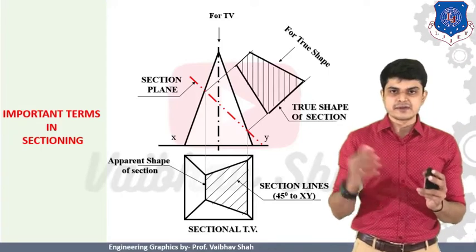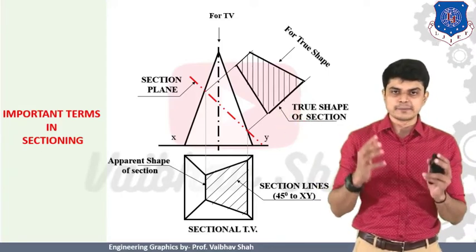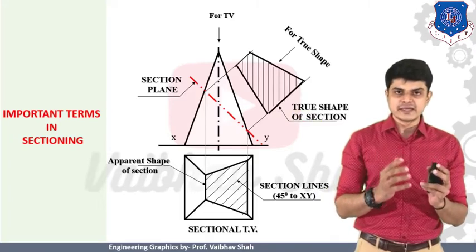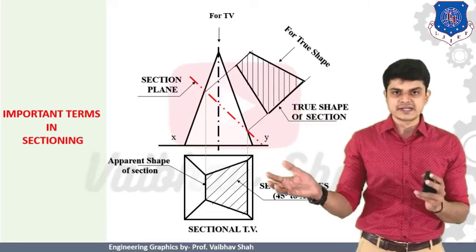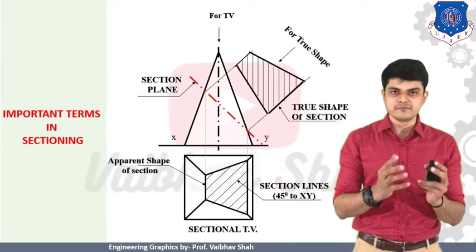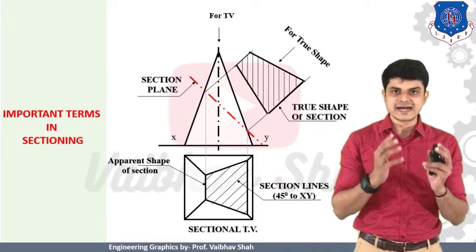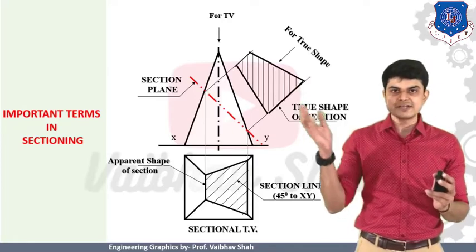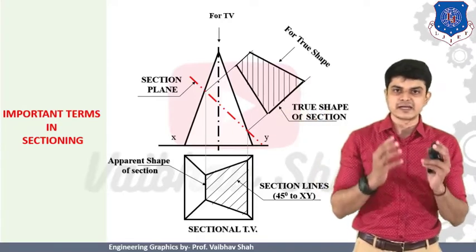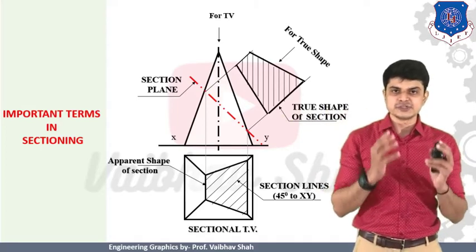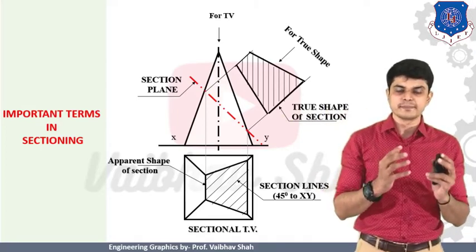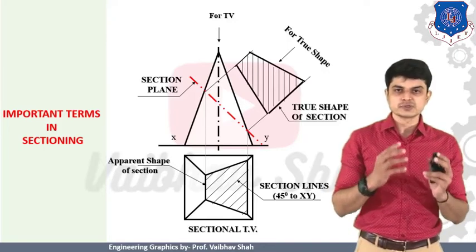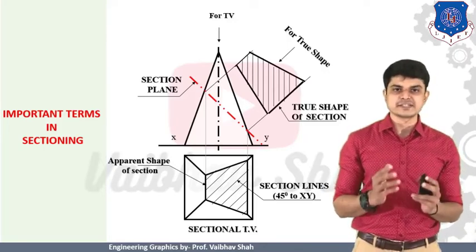Suppose I have been given this cutting plane, I should put the cutting plane at the prescribed position, and after putting that cutting plane, I should develop this cut section in my other view. Then, if it is asked that you should generate the true shape of the section, I simply draw 90-degree lines to my cutting plane, and I can generate this shape, which is the true shape of a section, right? This will be our procedure to solve any example of section of solids.